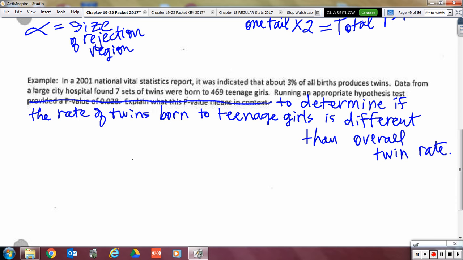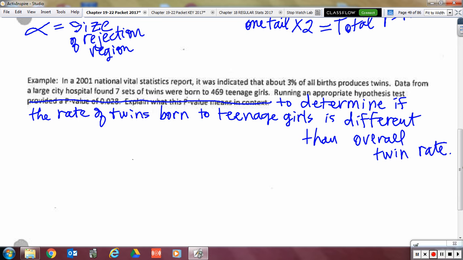So here we go. This is a problem where in a 2001 National Vital Statistics report, it was indicated that about 3% of all births produce twins. Okay, so we know overall twins are produced at a rate of 3%. Data from a large city hospital found 7 sets of twins were born to the 469 teenage girls that were pregnant.